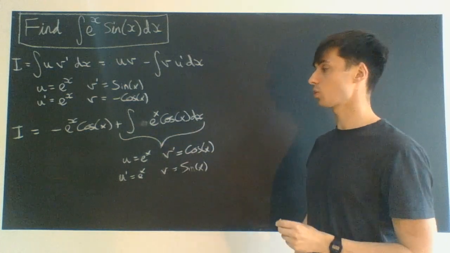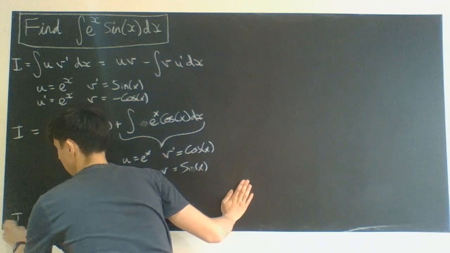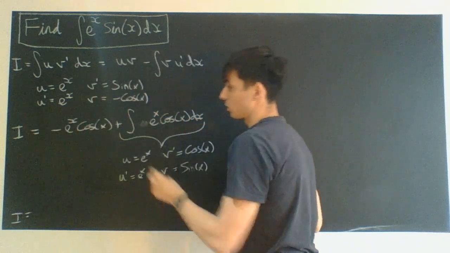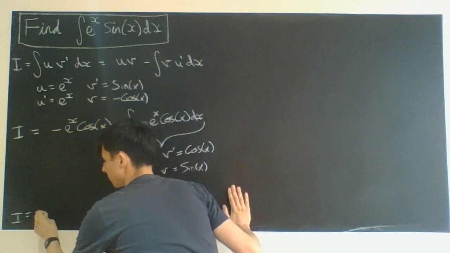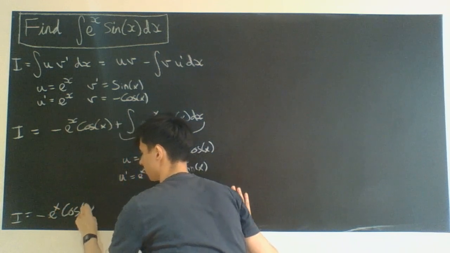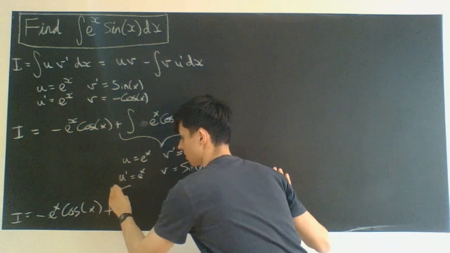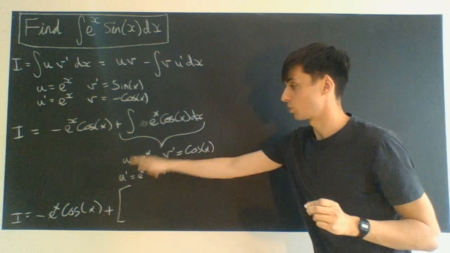So this integral here then, let's write what we've got for I equals minus e to the x cosine x plus this integral here.